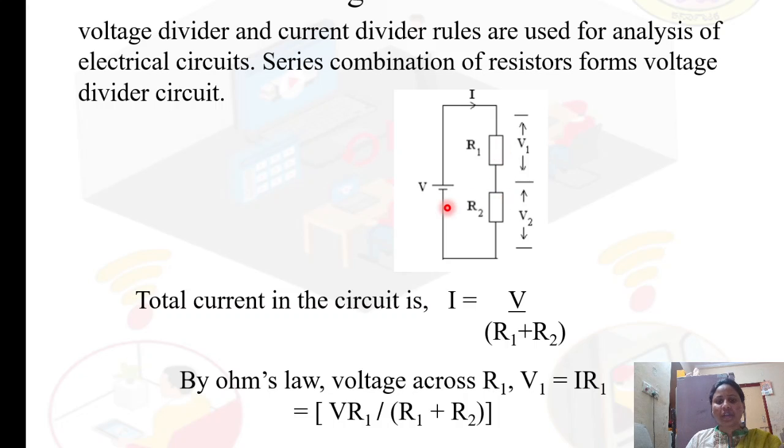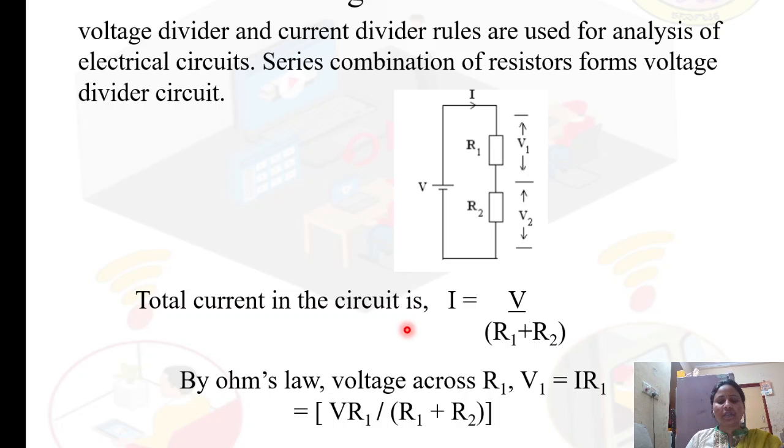Now let us take V as the voltage source, or the main source connected to the series combination, and the current flowing through the circuit as I. We will represent the voltage drop across R1 as V1 and across R2 as V2.